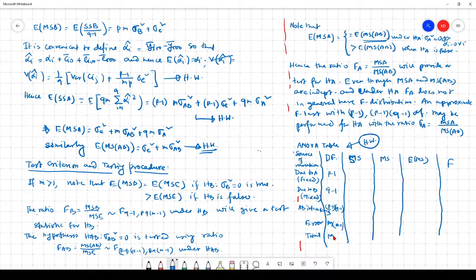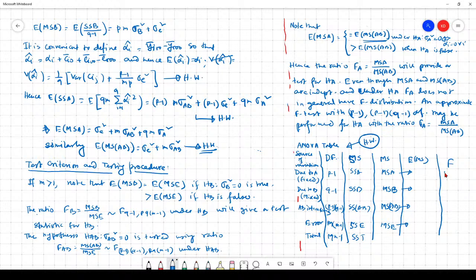The last one is PQM minus 1. SSA, write the expression. SSB, write the expression. SSAB, write the expression. SSE, write the expression. SST. MSA, MSB, MSAB, MSE. Also write the expression of expectation of MSA, expectation of MSB, expectation of MSAB, expectation of MSE.